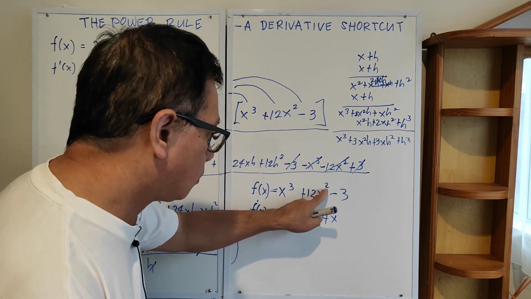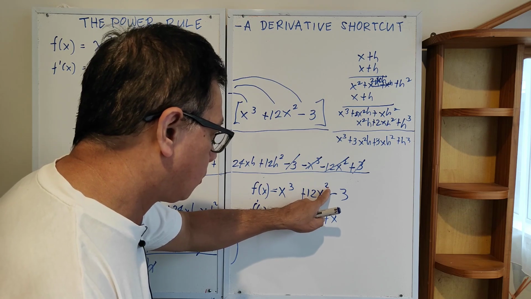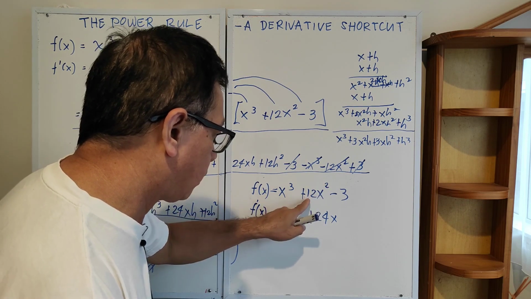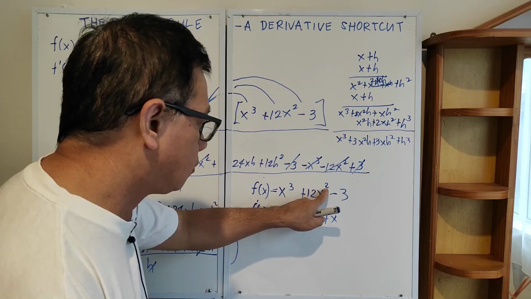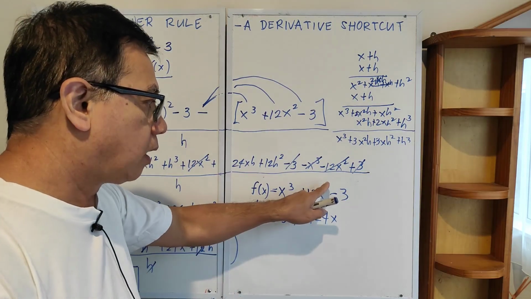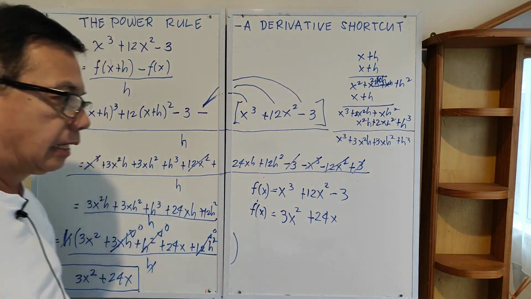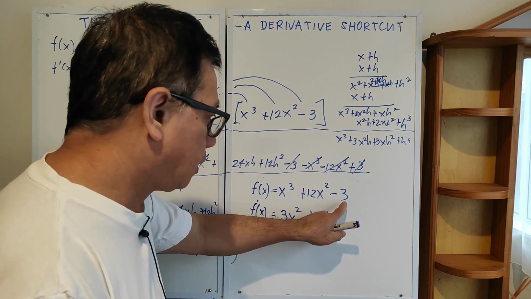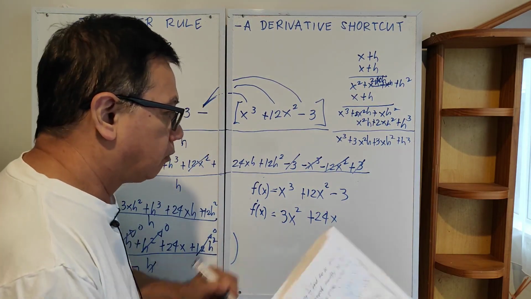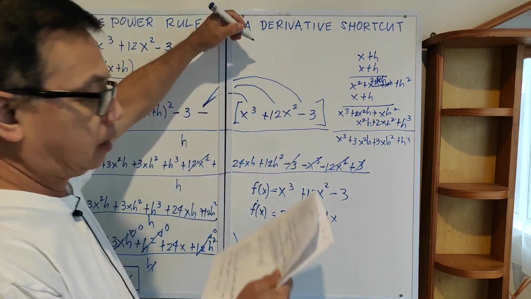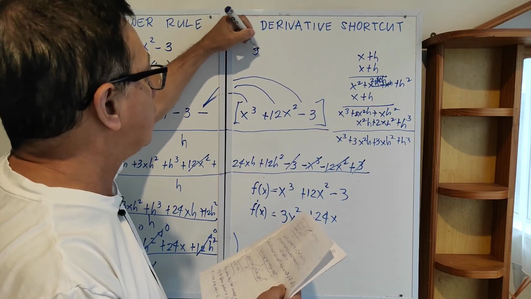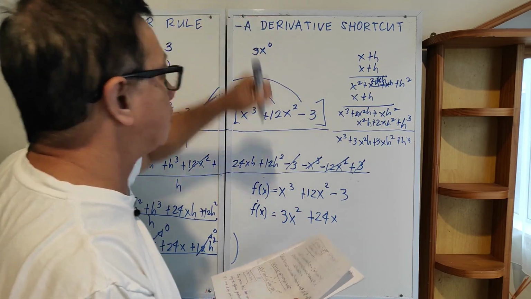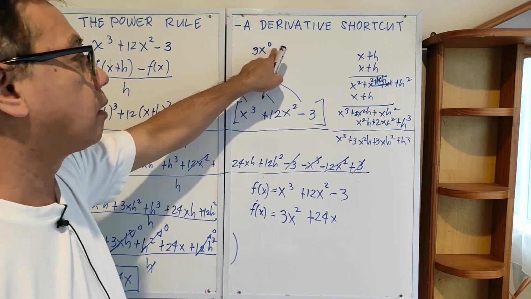It's the same here: 2 was brought down and multiplied by 12, it became 24, and x squared minus 1 power becomes x. Now considering 3, actually 3 is 3 times x to the 0 power, and x to the 0 power is 1.